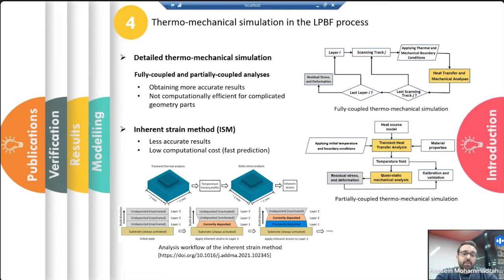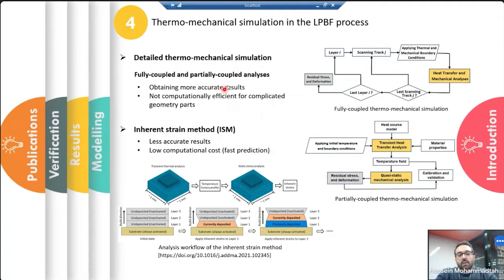have been introduced that can be employed for investigating the process parameters. Totally, there are two different approaches for the numerical method. The one is the detailed thermomechanical simulation, and the other one is the inherent strain method.